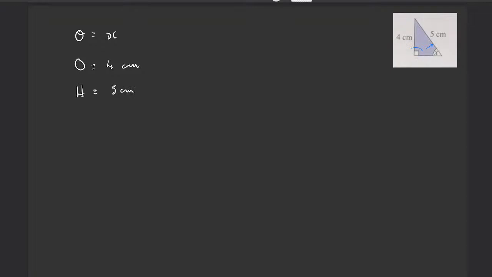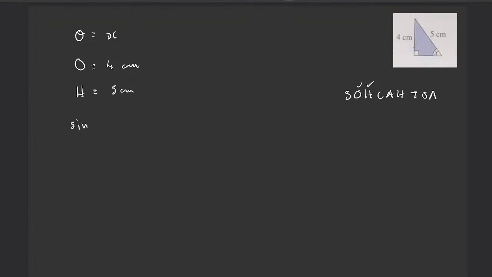Well, we know our angle, it's our unknown, that's what we want to find, and we also know our opposite and our hypotenuse. Well, let's put down our acronym: SOHCAHTOA. All right, so we know for sine we need our opposite and hypotenuse, and that's exactly what we have. So we will be using sine again for this example.